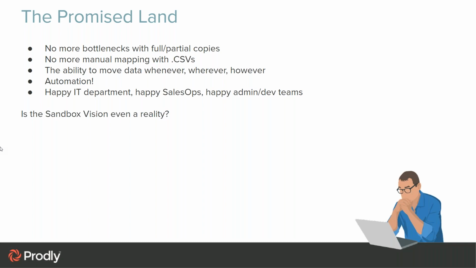Well, not anymore. Now you can do standing refreshes, maybe just refresh certain objects from production. Great. Maybe you want to do that for dev, full, partial, UAT, you name it.